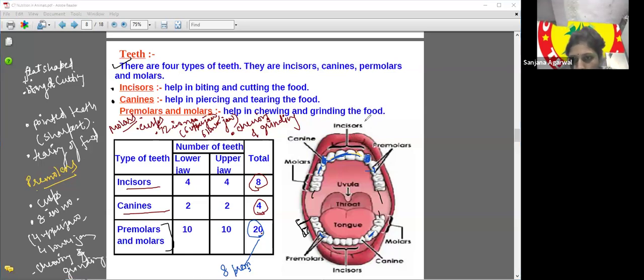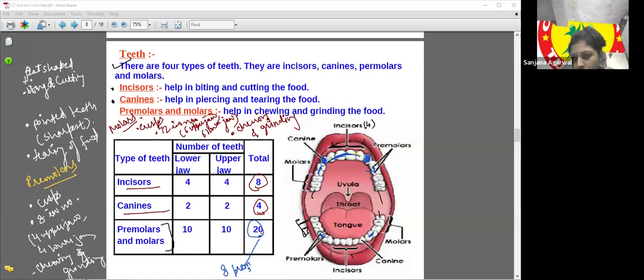I'm just writing the number. Every set of teeth you will see exist in pair. None of the types of teeth exist single. So incisors are four because these are front, so it is easy, four altogether. Now next, two premolars on the right side, two premolars on the left side. Oh, sorry, I have missed one thing.